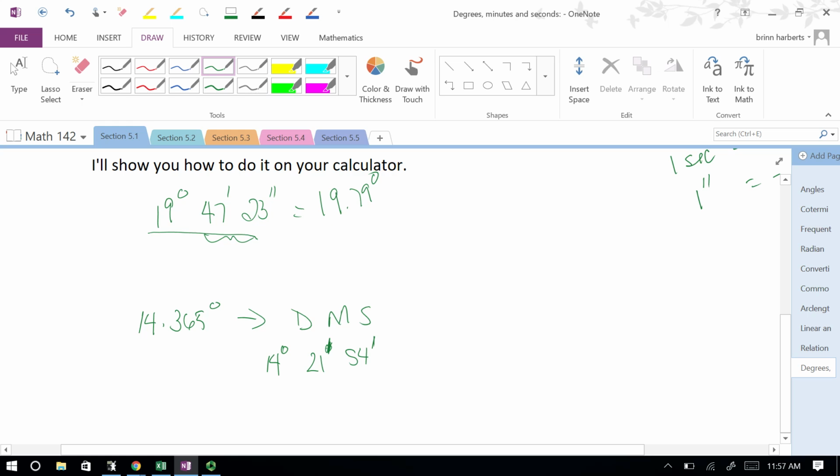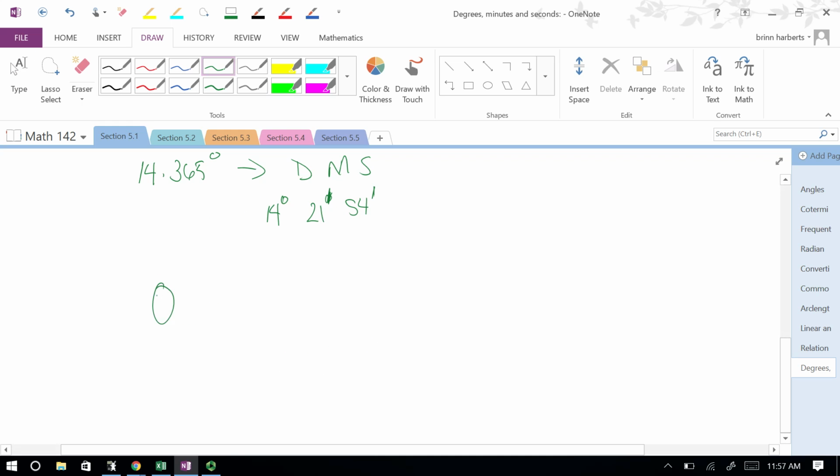Okay. Now, what if they tell me theta equals 3, and I want to change this into degrees, minutes, seconds? Notice how there's no degree symbol there? That means by default, this is in radians. And it means I need to change it first into degrees, and then I can use my calculator to figure out the degrees, minutes, seconds. Okay.